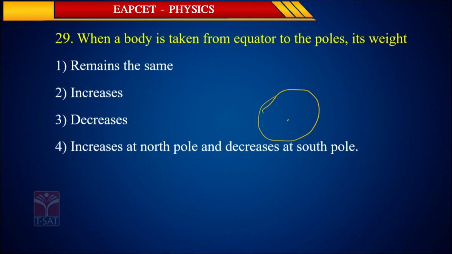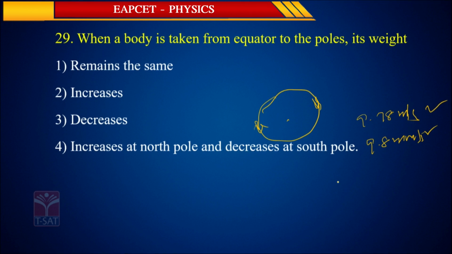From the equator to the pole, at the equator the value is approximately 9.78 meter per second square. At the pole it is 9.83 meter per second square. That means at the pole the acceleration due to gravity value is more.